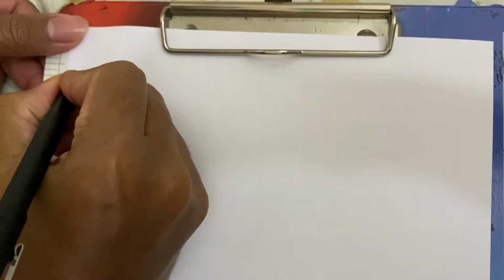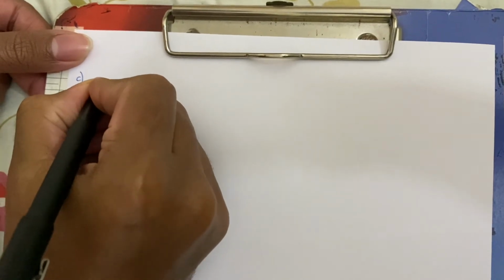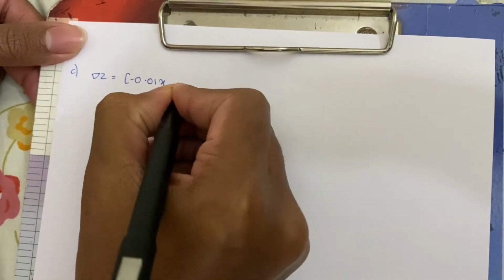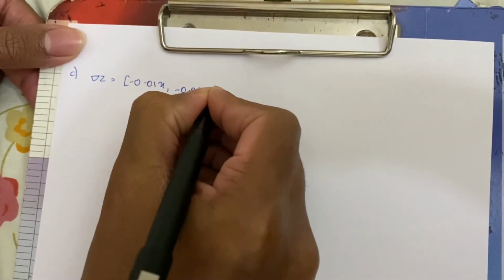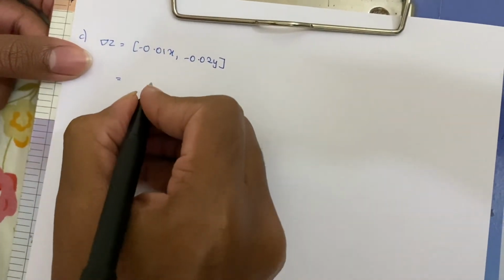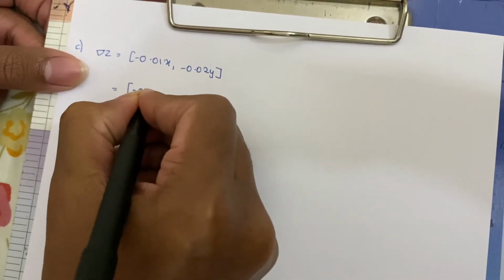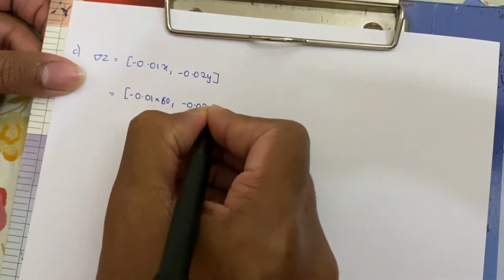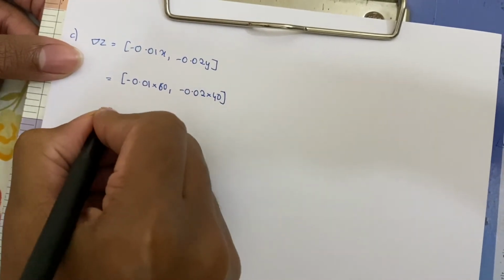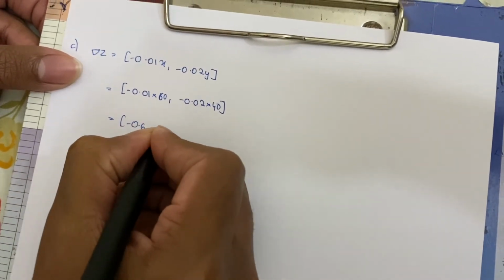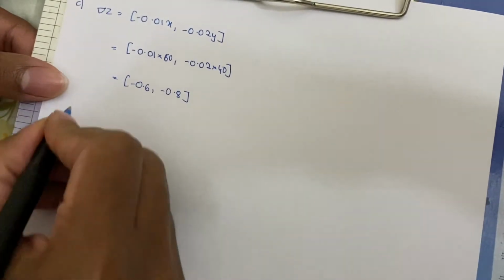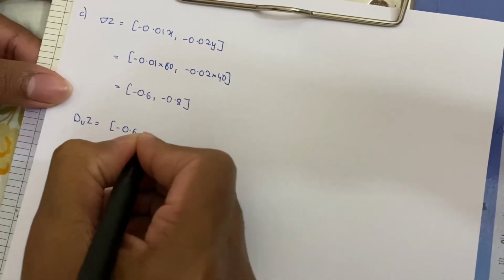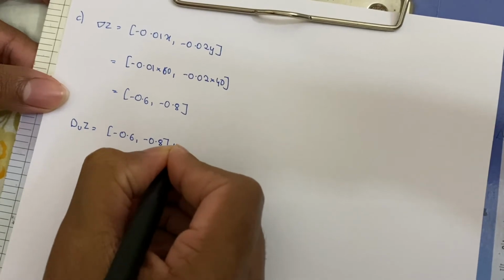Now the C bit. The gradient of z will be minus 0.01x, minus 0.02y. Now we need to substitute the values of x, which is 0.01 into 60, and 0.02 into 40, which brings it to minus 0.6 comma minus 0.8. Now the directional gradient of z is again minus 0.6 comma minus 0.8 dot u.